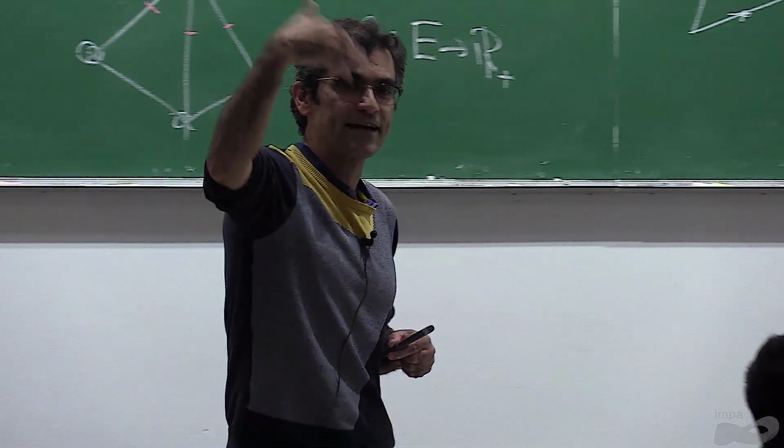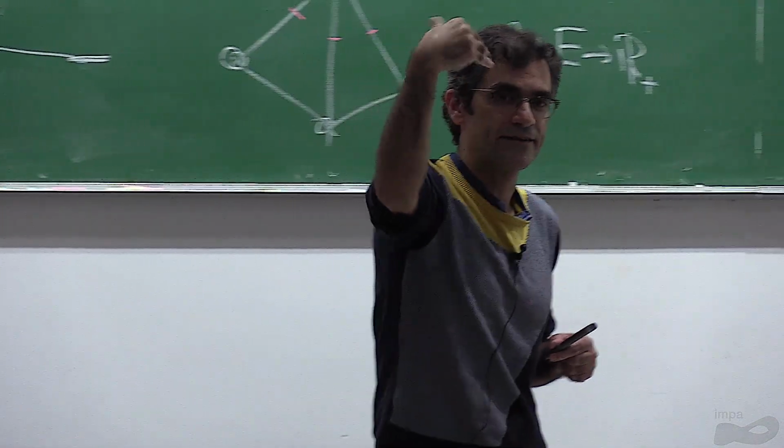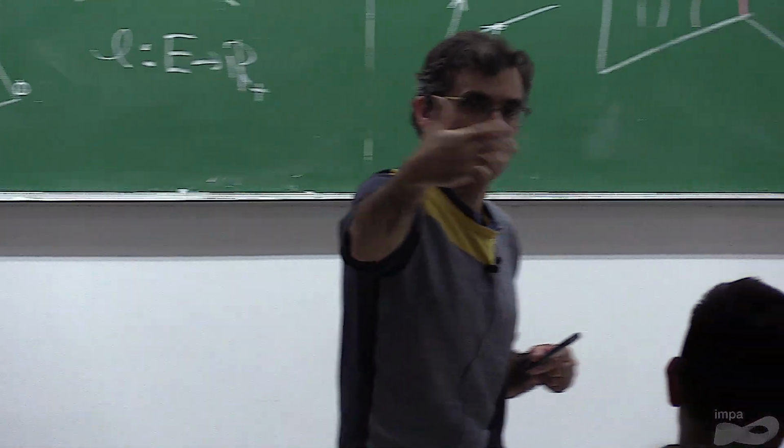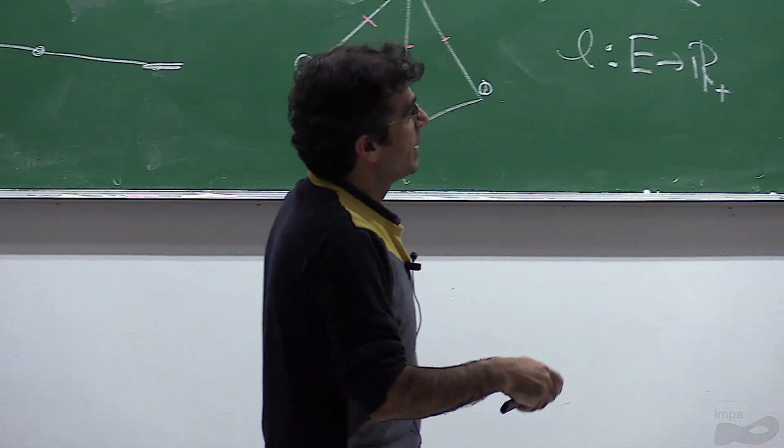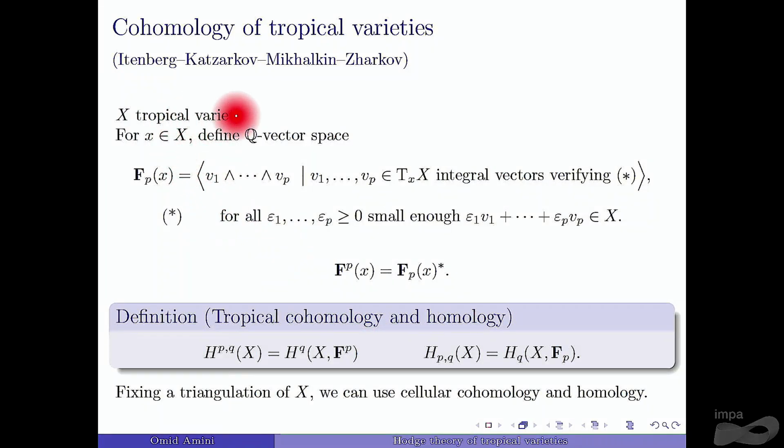So HPQ is isomorphic to HQ of the complex projective manifold with coefficients inside omega P. So the idea, which is due to Itenberg, Katzarkov, Mikhalkin, is to define the analog of the sheaf of degree P holomorphic forms on a tropical variety, and then calculate the cohomology HPQ by taking the Q cohomology of X with values inside this coefficient group.